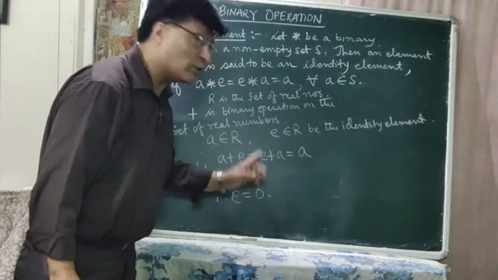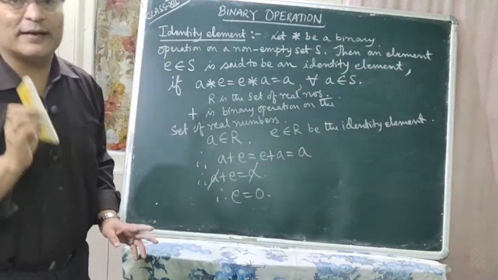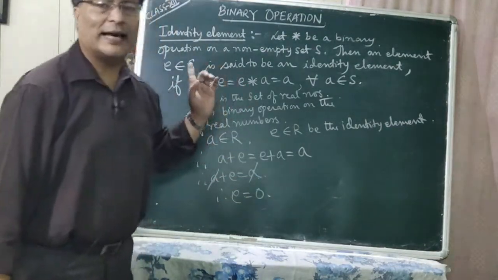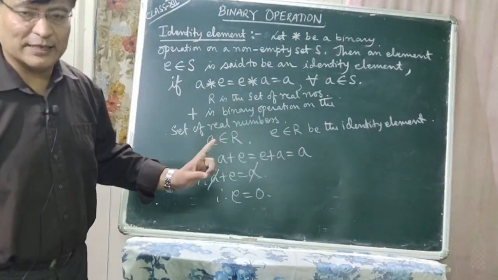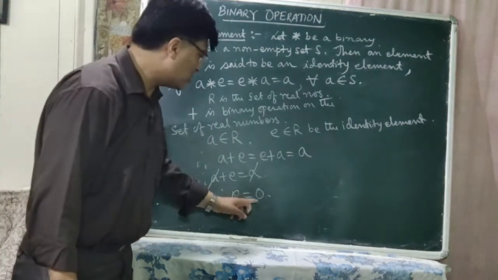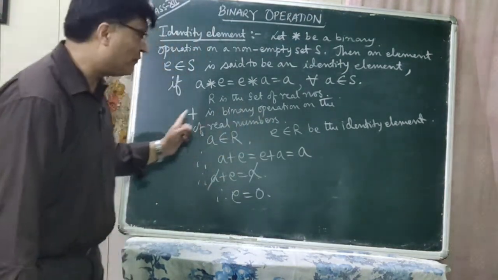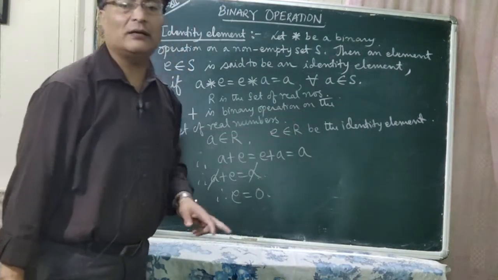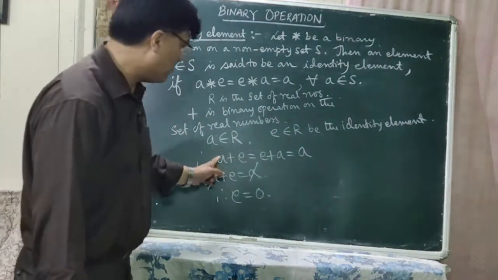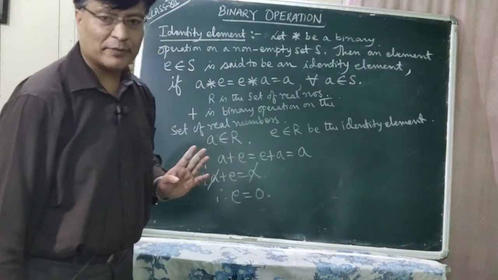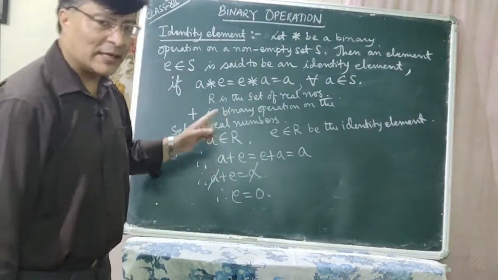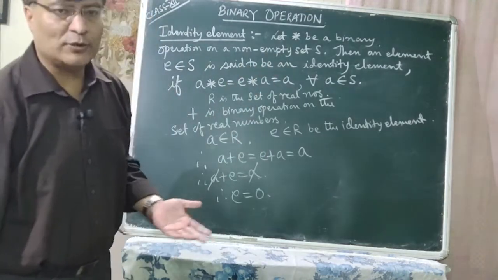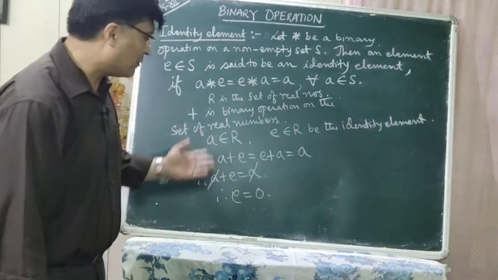So 0 is known as the additive identity element. This 0 is known as the identity element of the element A that belongs to the real numbers. That is, A plus 0 will be equal to A. You will get the same number, isn't it? A plus 0 is equal to A, or 0 plus A is equal to A. So I think you have understood it.